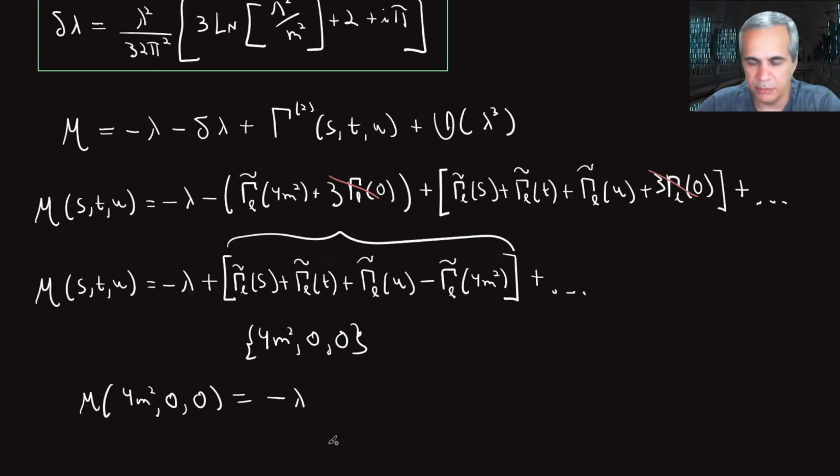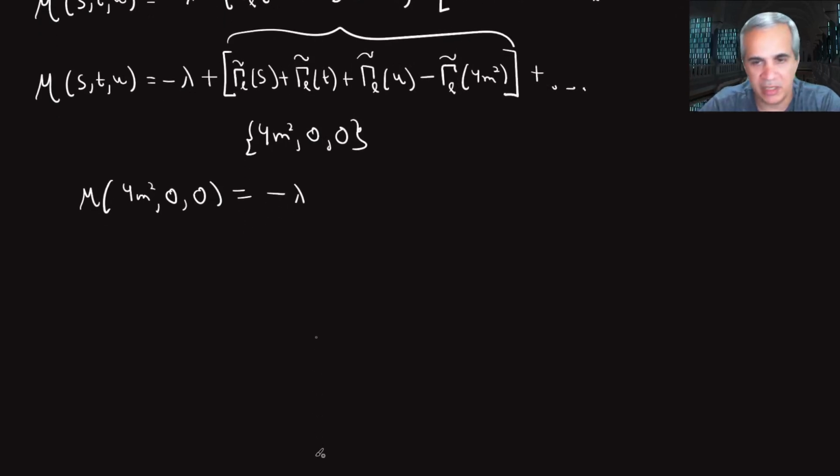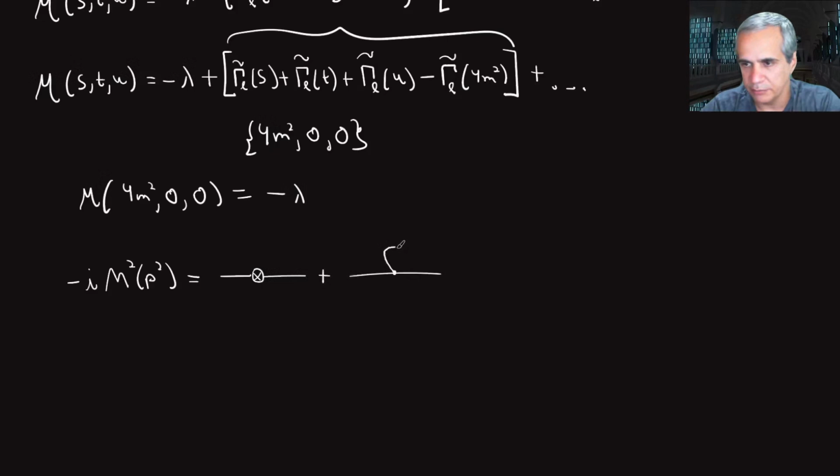Now the renormalization of the 2-point function is much more simple in this case. I had written that the 1PI, this is the sum of all the 1PI contributions, is given by the counterterm, let me write it like this, plus this one loop contribution we just calculated. And this I could rewrite this way.